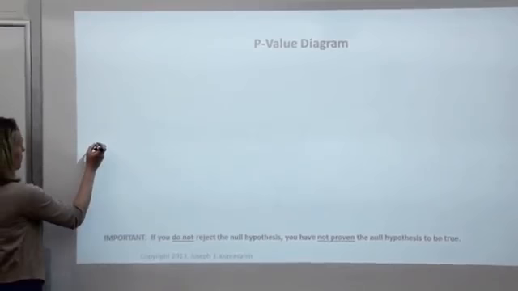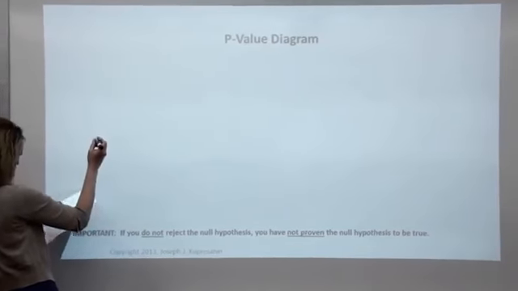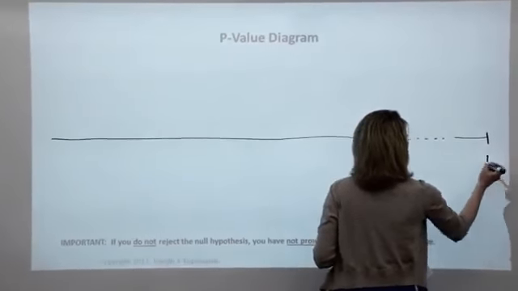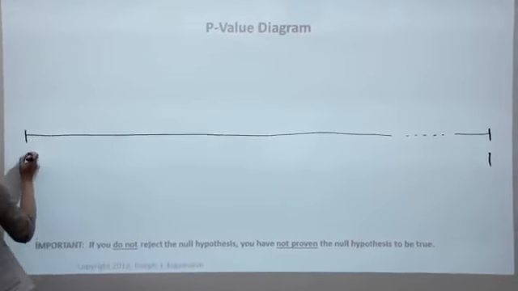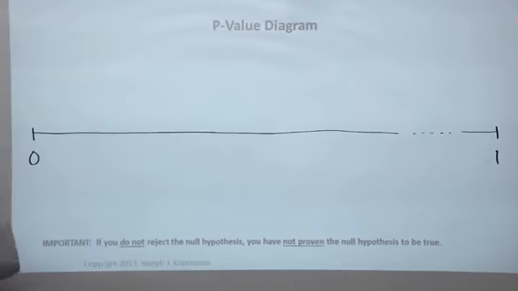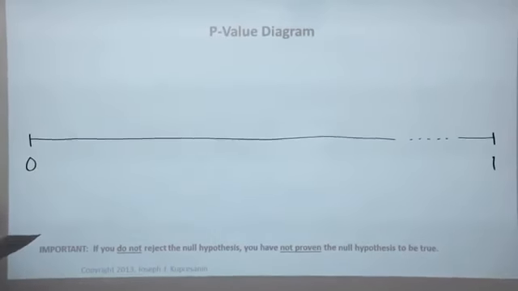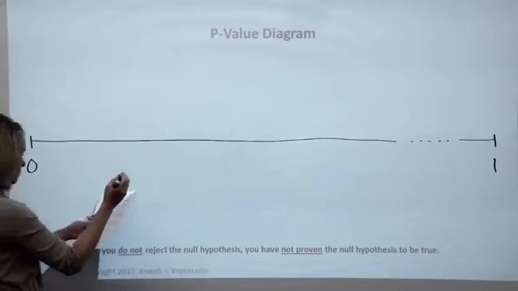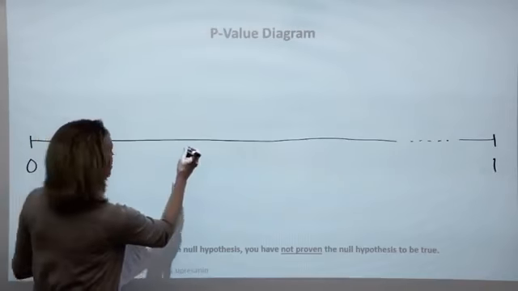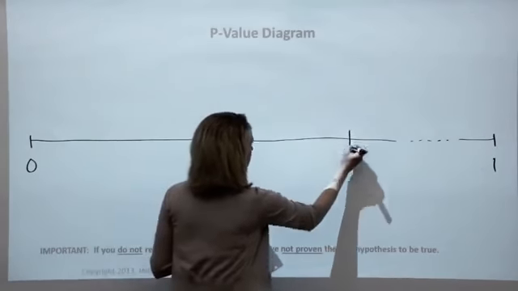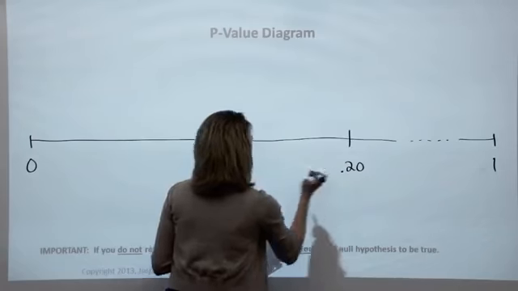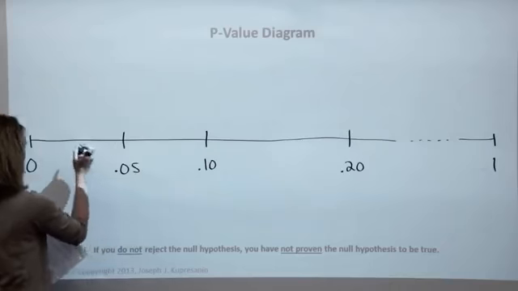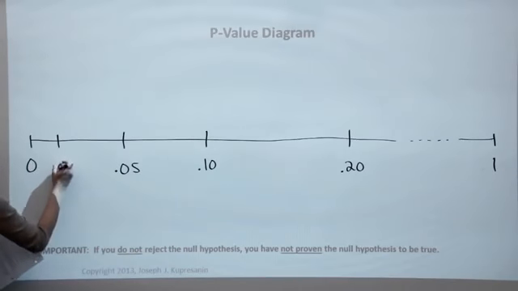I'm going to draw a number line. So p-values range from 0 up through 1. Let's plot some different p-values: 0.1, 0.2, 0.05, about 0.01.